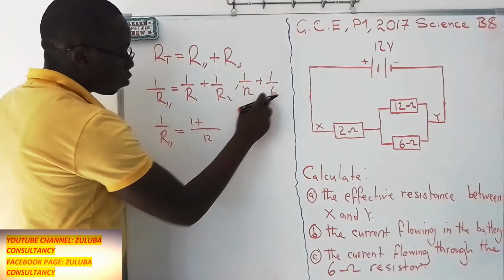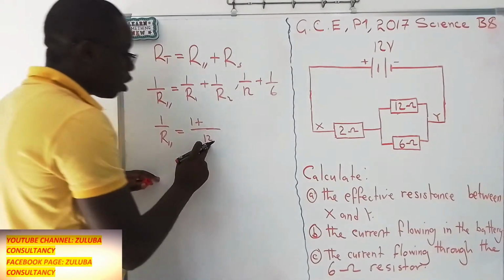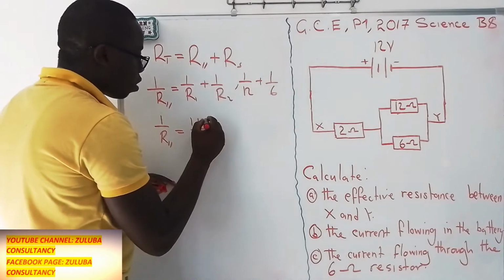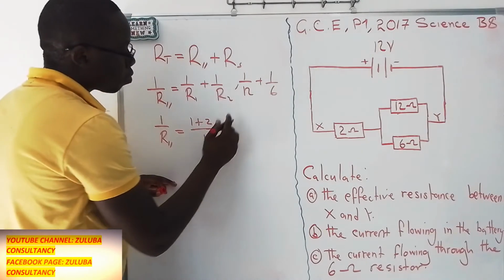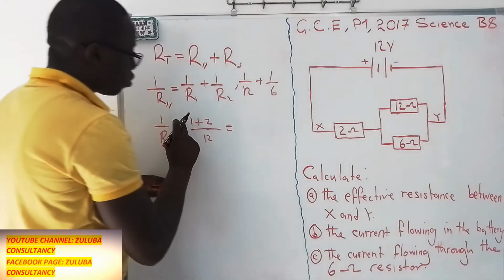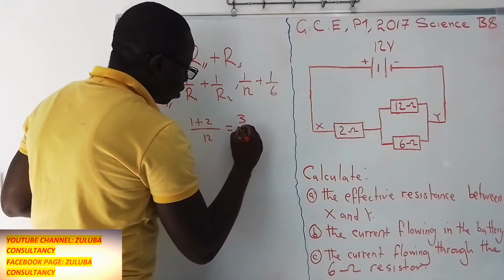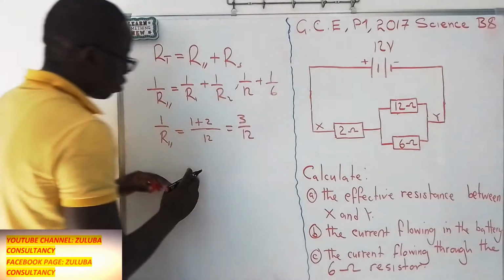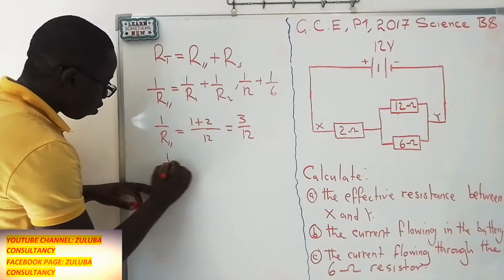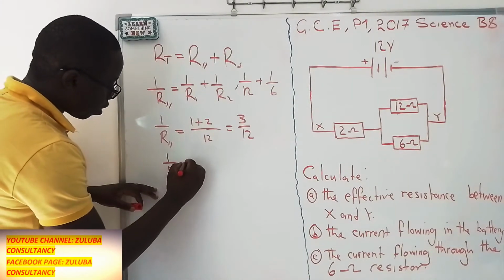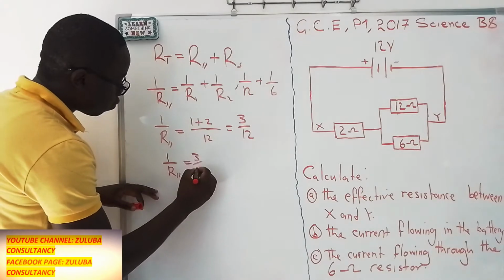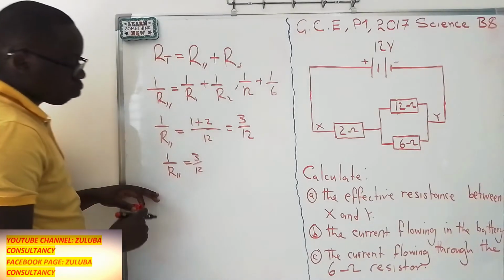Plus 6 into 12, it goes 2 times. Multiplied by 1, it gives us 2. So when you add this 2 and 1, it gives us 3 over 12. So we are saying 1 over R parallel is equal to 3 over 12.